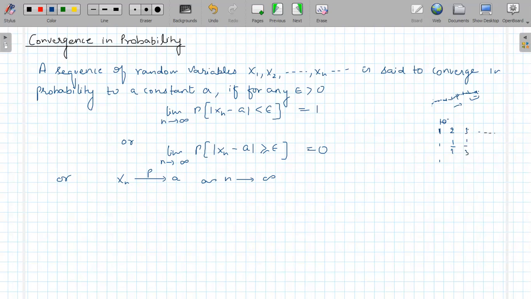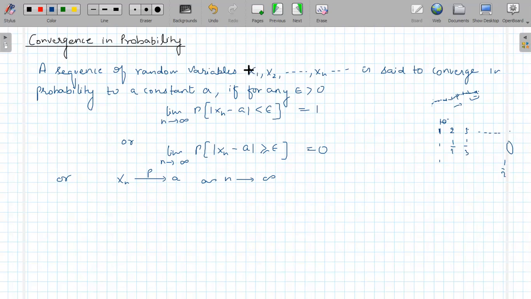So when you increase the value of n or increase the number of tosses, the probability ultimately approaches half. So here we are noticing x is a random variable, where this random variable can be anything.